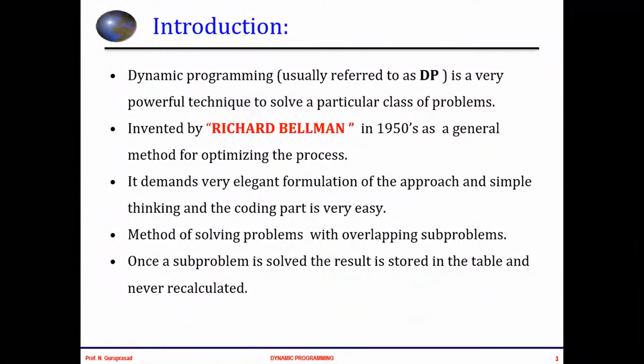Now the result is always stored in the form of a table, which you will see as and when we go further. And once the result is stored in the table, believe me, you will never come back to the subproblem for its recalculation. And that is very, very important in dynamic programming, right? The reason why we store the result in the table is for future reference, so that whenever we need, we can take that and we don't need to solve the same problem again.